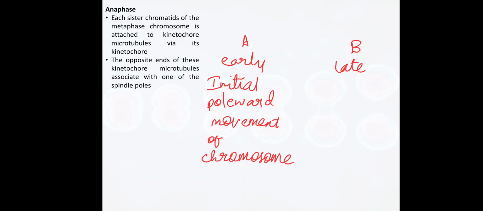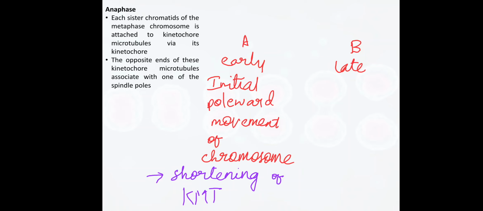which is accomplished by shortening of the kinetochore microtubule. As the kinetochore microtubule is pulling the separated chromosomes towards the pole, the kinetochore microtubule is obviously getting shortened.